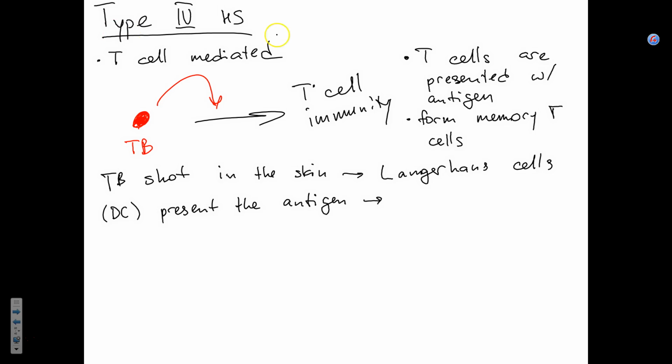So you have a T cell response, which will involve two populations. To remember, two big types of T cells: the killers and the helpers, right? Killers CD8, helpers CD4.